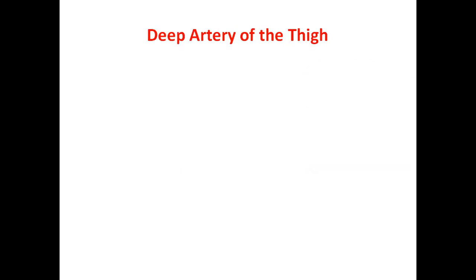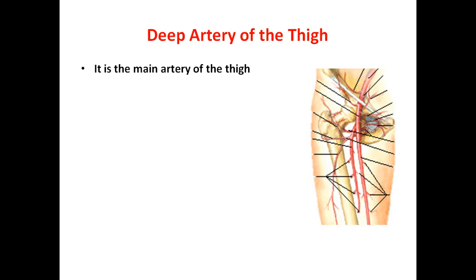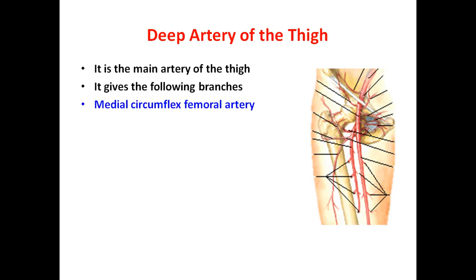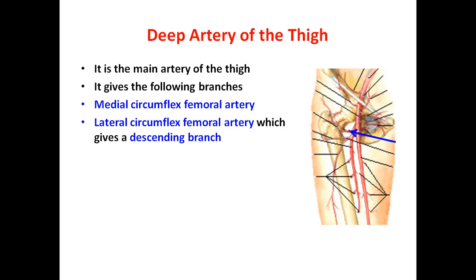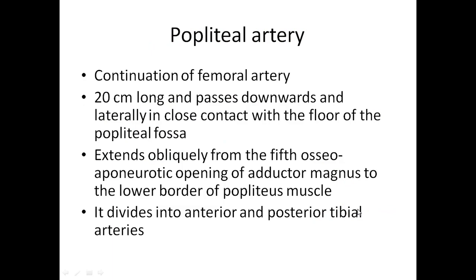Coming to the deep artery of the thigh, the profunda femoral artery is the main artery of the thigh. It has the following branches which are already described: the medial and lateral circumflex femoral arteries, which wind across the upper end of the femur. Then the descending branch coming from there, and 4 perforator arteries. The 4th perforator is the actual continuation of the profunda femoral artery, or the deep artery of the thigh.